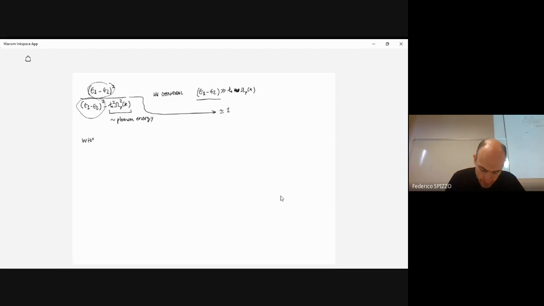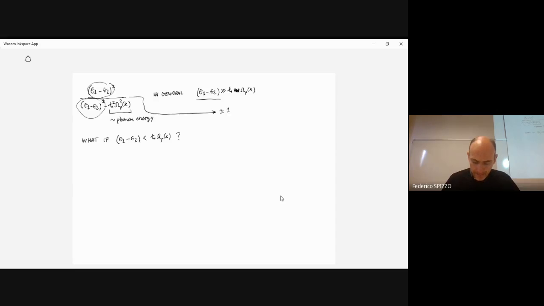What if E1 minus E2 is smaller than H bar omega plasma of the dressed ions? In other words, what happens if the energies of the two interacting electrons are very close to each other, so the difference is nearly zero or very small?